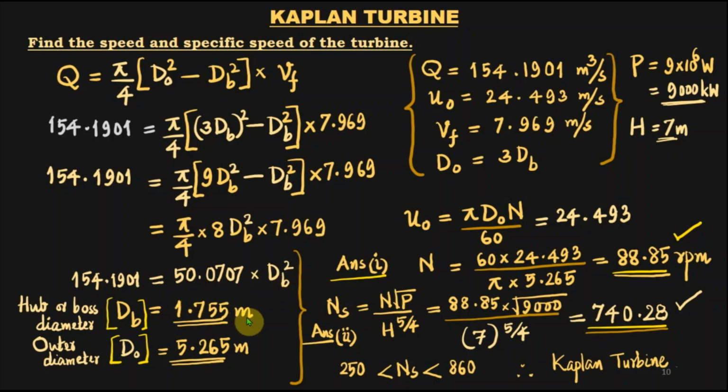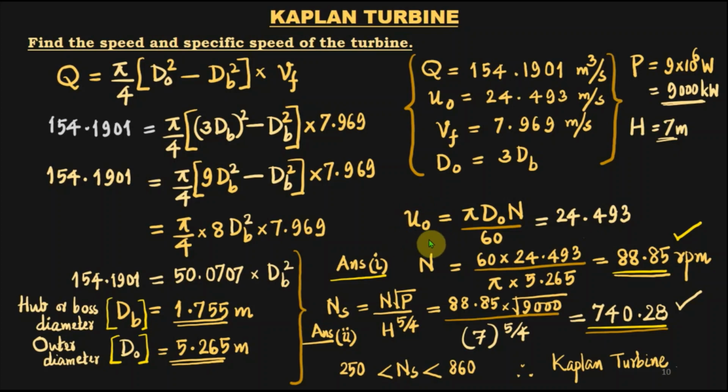So if you do this calculation, you will get diameter of the Bose or the hub as 1.755 meter, and from which you can find out the outer diameter, because we know outer diameter is 3 times the hub diameter. So 3 times 1.755 meters, you will get 5.265 meter. So the outer diameter of the Kaplan turbine runner in this case is 5.265 meter.